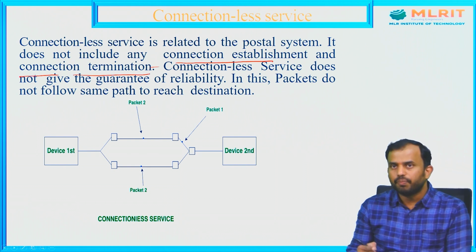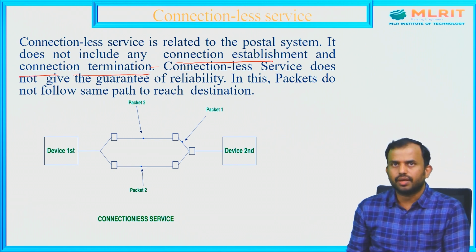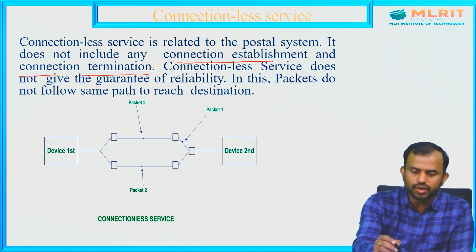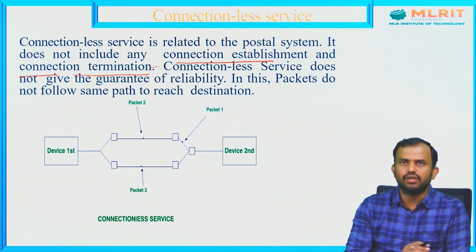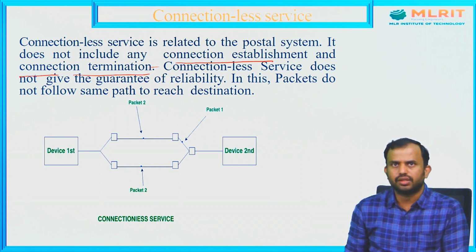But in a connection oriented system, there must be connection establishment before we transmit information, and after successful transmission of information, we must go for termination of the connection. But in the connectionless service mechanism, we do not need these two services, connection establishment and connection termination. We are not required to do them in this scenario.